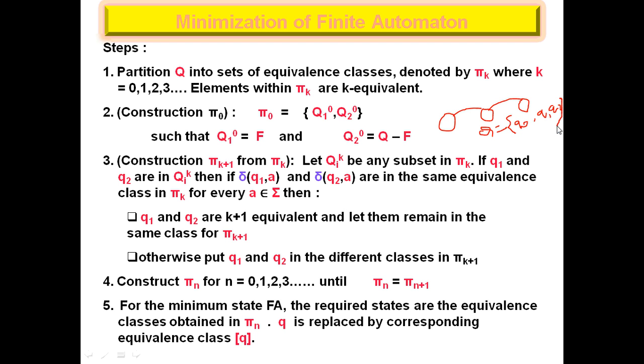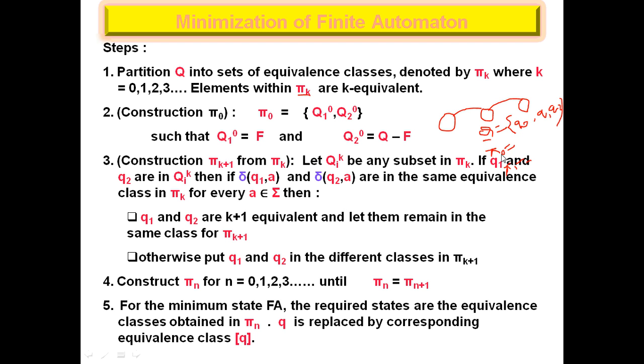So what will happen? We'll have to minimize this Q. That is how we are going to make the pi k equivalence. Pi k means that for each state we have to identify the equivalence classes. So we'll have pi 0, pi 1 and pi 2. We'll see how we calculate pi 0 and pi 1.